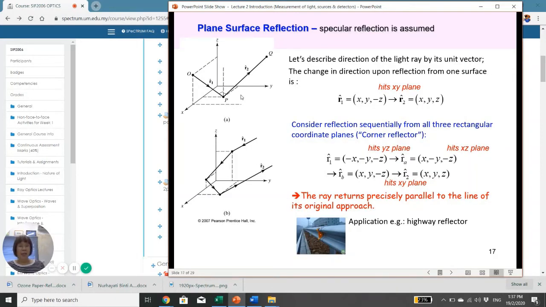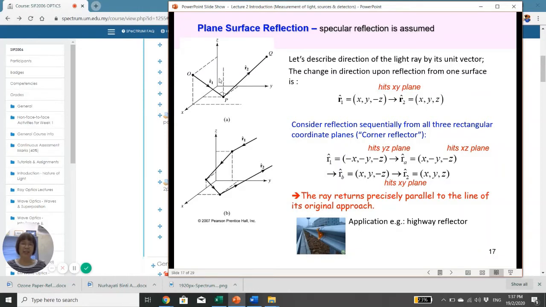Now, if we assume specular reflection, we can then describe the direction of the light ray by using a unit vector. So in this case, we have a ray that comes in this direction with the coordinates x, y, and negative z, going down.